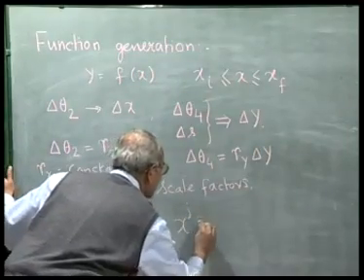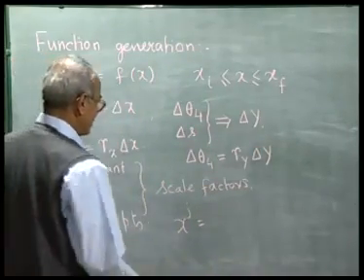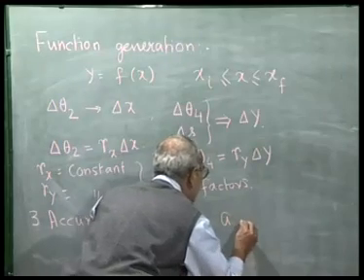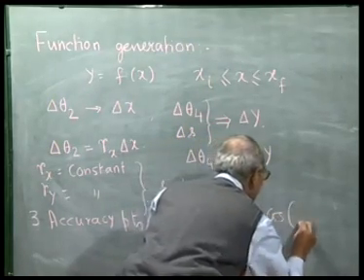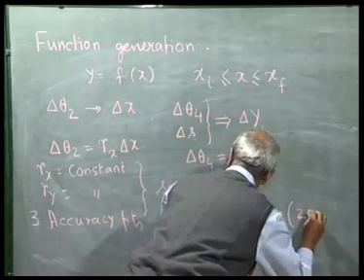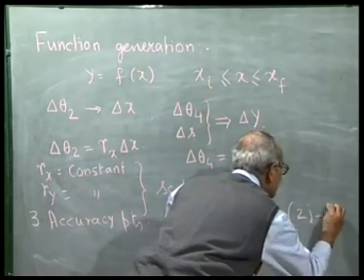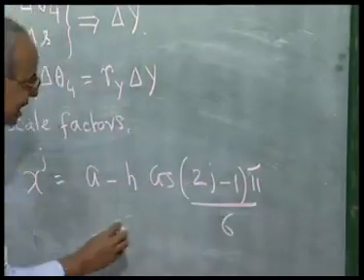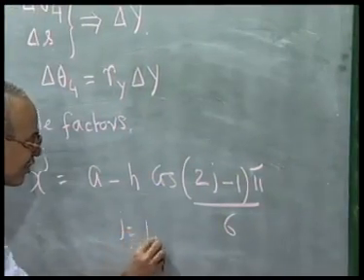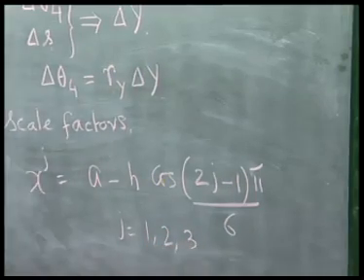I write xj, which will be a minus h cosine (2j minus 1) pi by 6, and j goes 1, 2 and 3.